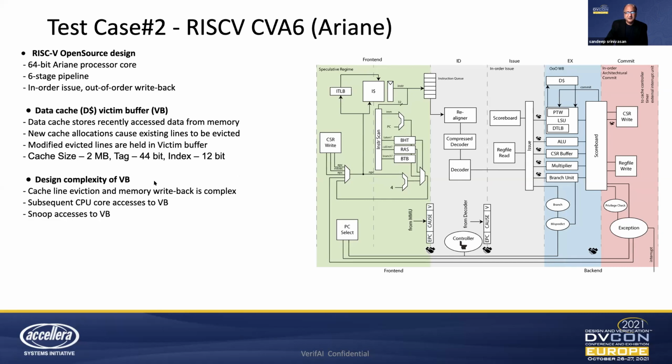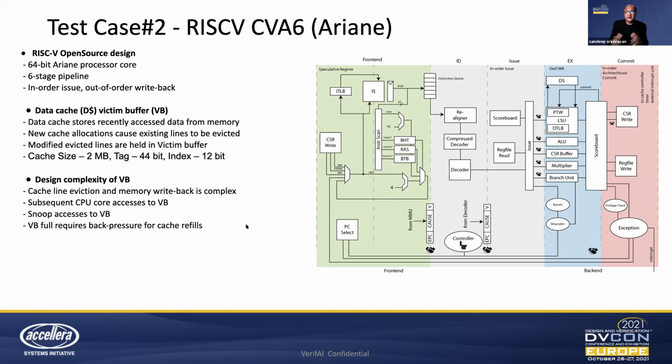So just a little about the design complexity of the victim buffer. A cache line eviction and memory write-back is complex, as I just mentioned. Victim buffer full requires back pressure for cache refills. That means there's got to be a lot of instructions backed up for victim buffers to get full. And why do you want to fill up a victim buffer?